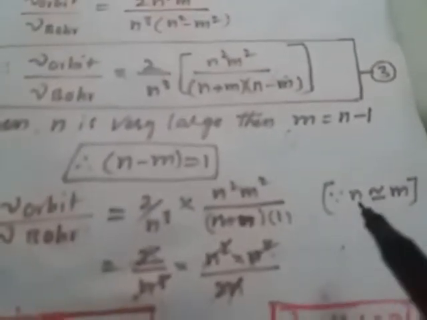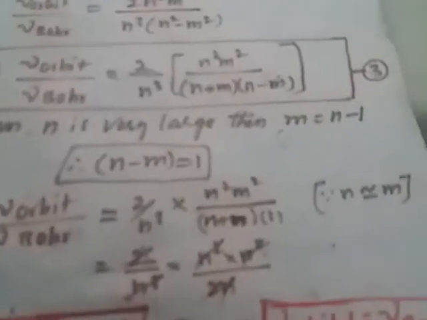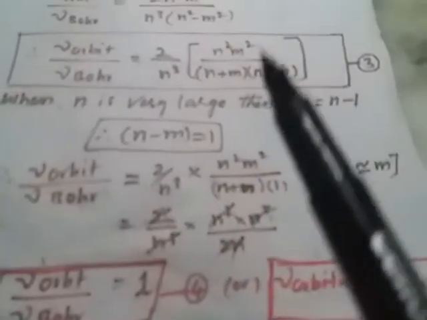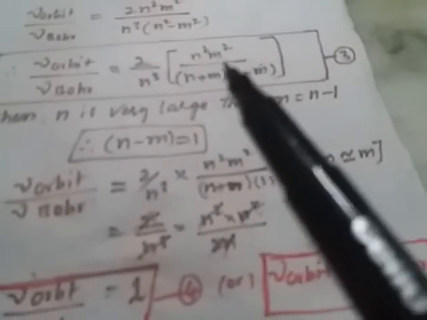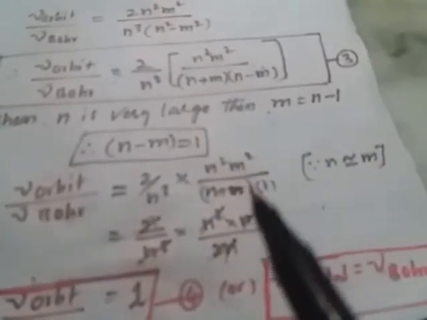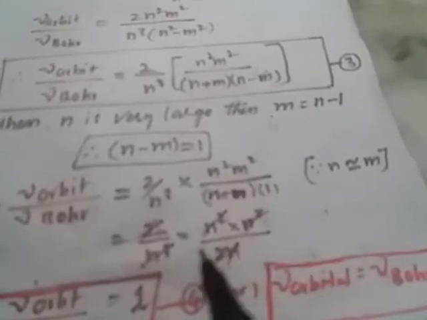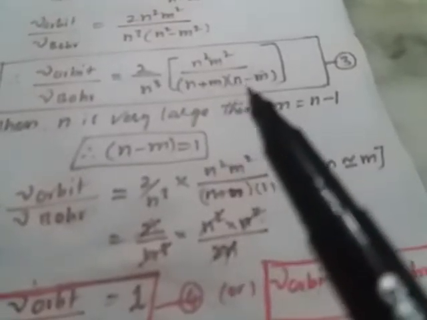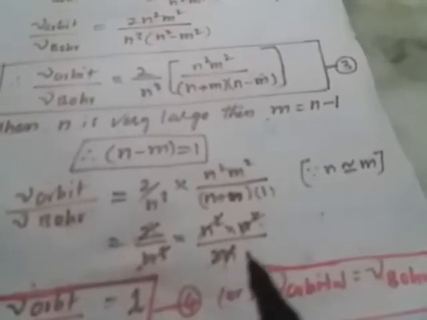When n is approximately equal to m, we substitute in the above equation 3: ν_orbital by ν_Bohr is equal to 2/n³ into n² m² divided by (n + m)(n − m), with m equal to n, n + n is 2n, and n − m equal to 1.